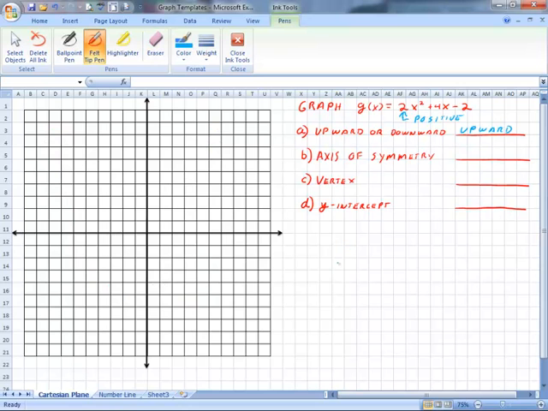Next thing it says is find the axis of symmetry. Well, the axis of symmetry is found by using the equation right down here. The axis of symmetry is at x equals negative b over 2a. I want to note that for C it says find the vertex, which is just basically the next step. So for the axis of symmetry we need to know our A, B, and C values.